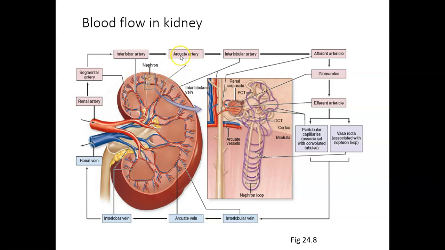And from the arcuate artery, it's going to branch. The branches are going to go into the cortex now, right? If it goes into the cortex, it's called interlobular, not lobar, but lobular artery, because it's between different lobules.